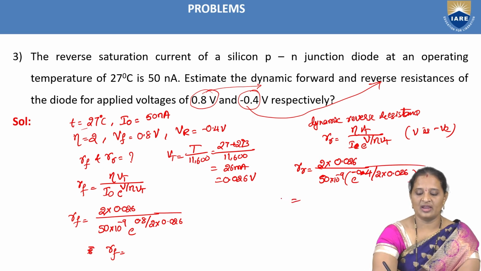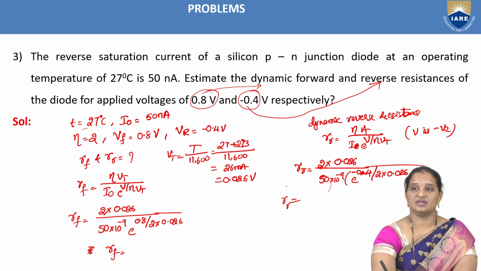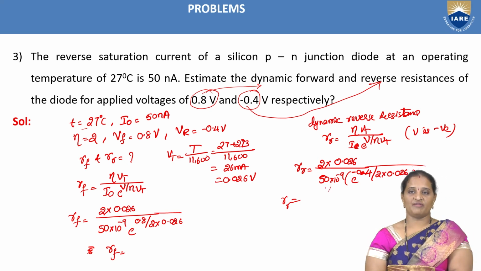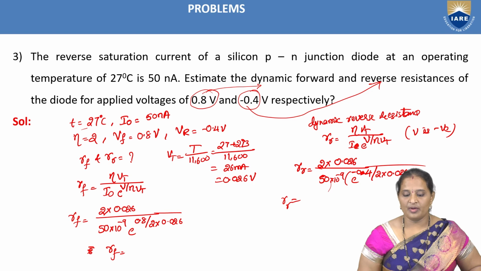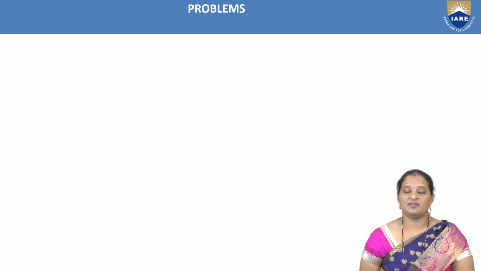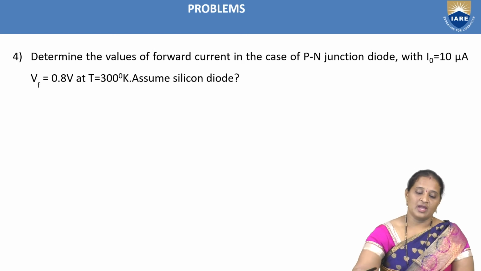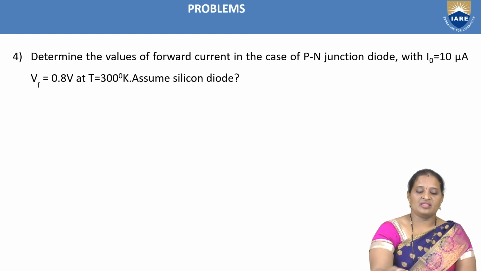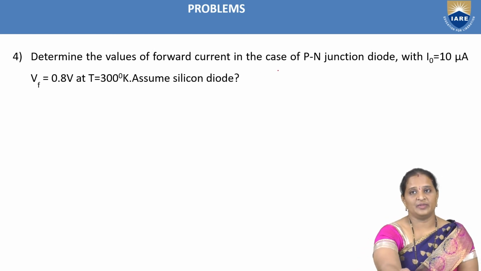So you can calculate the dynamic resistance using the calculator. So this is the way of solving the problem when two voltages are given and we have to find the dynamic resistance of the diode.